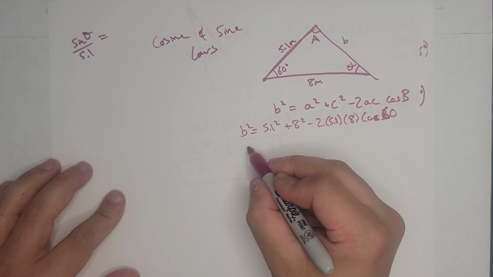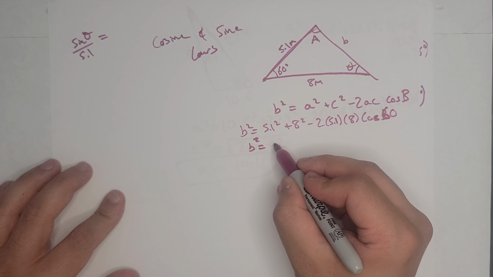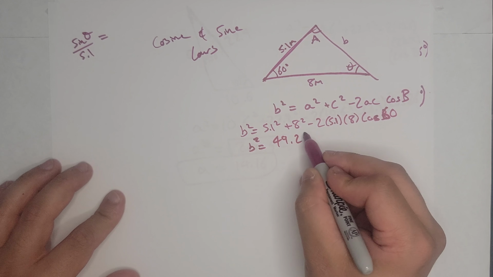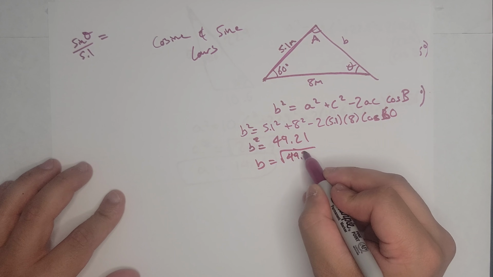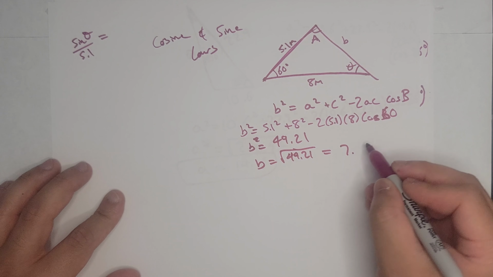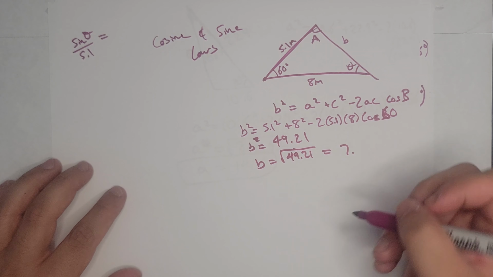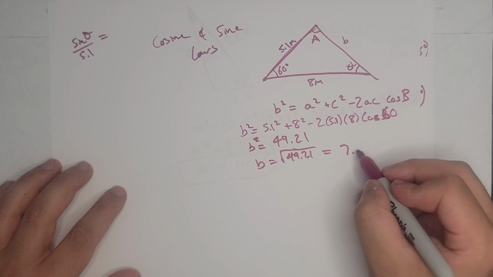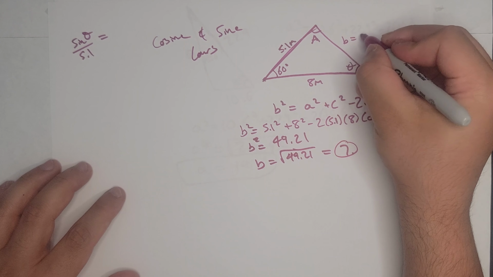And if I was to solve for this, I should get about 49.21, and B will be equal to the square root of 49.21, which is about 7 point something small. But I'll use 7 for now. So that's equal to 7.